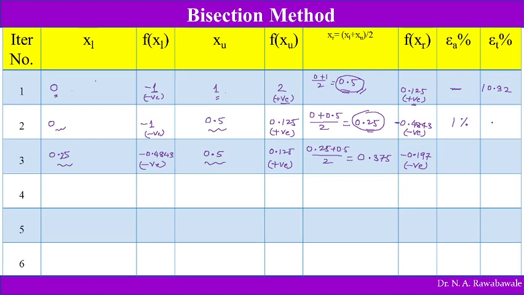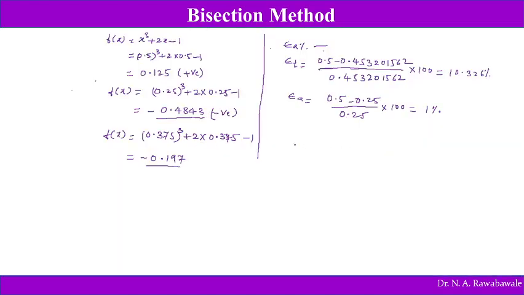Then the true error we can find out. The approximate value is 0.25, just remember this. The true value we know.